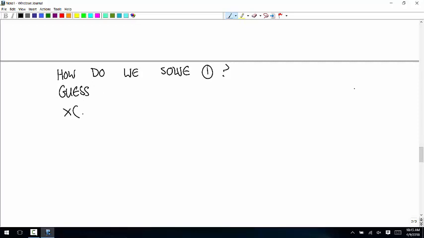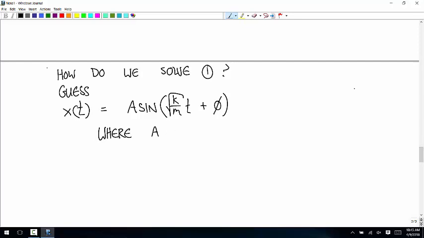We're going to guess that x is equal to some constant A times the sine of the quantity square root of k over m times t plus the angle phi, where A is the amplitude and phi is called the phase angle.